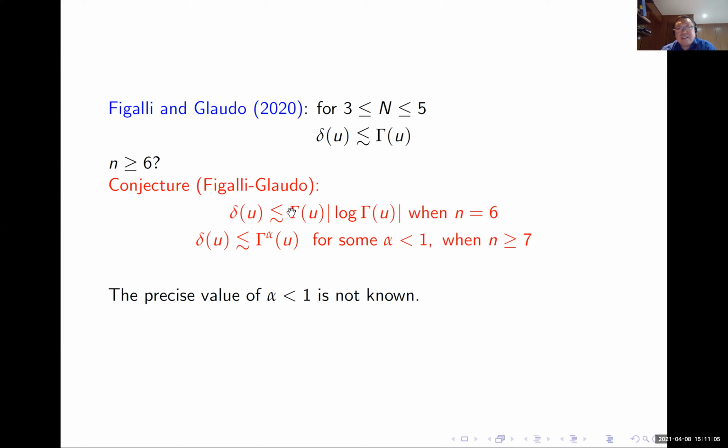They conjectured that for n equals 6, this relation is no longer linear; you should have a log. And for n greater than 6, this relation should have some power alpha strictly less than 1, and they have a counterexample showing that if alpha equals 1, this is no longer true.